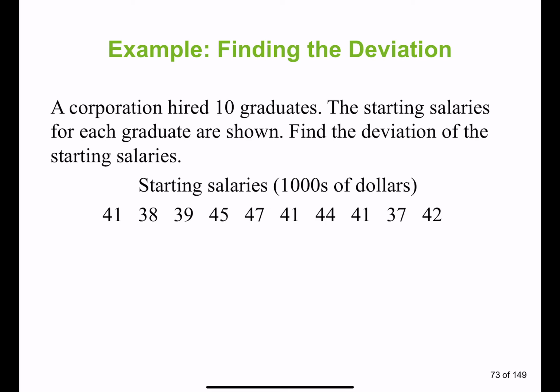So let's learn how we find the deviation for every single salary, and then I'll explain why we need that deviation, especially in this case. To find deviation, we need to know the value of each element, which you have here, 41,000, 38,000, 39,000, and so on, all these 10 elements.